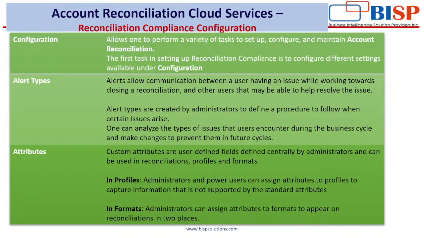While working on the reconciliation or completing the task, a user may find some issue, or come up with some new development that he may raise with the help of this alert type.